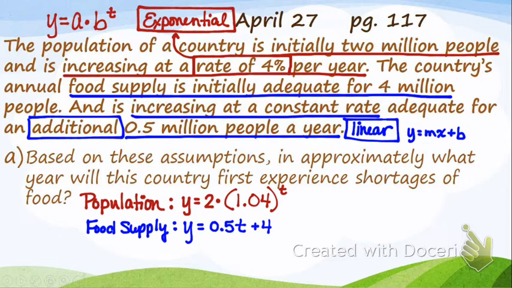We want to know when they first experienced shortages. So what would I be looking for as I start to substitute in numbers and make a table? I want to know approximately what year this country will first experience shortages of food. So like when the population's higher than the food supply.